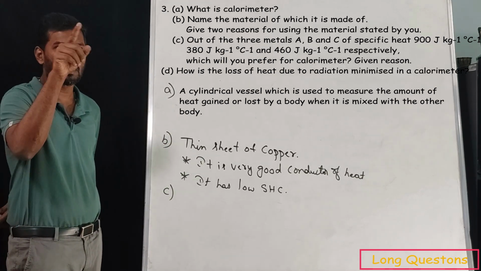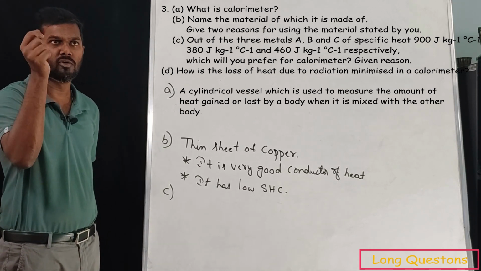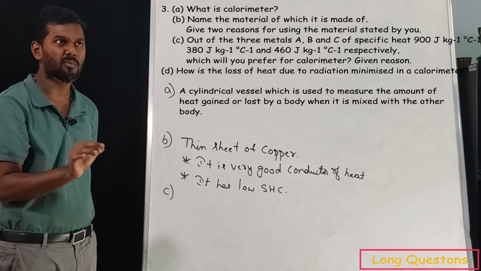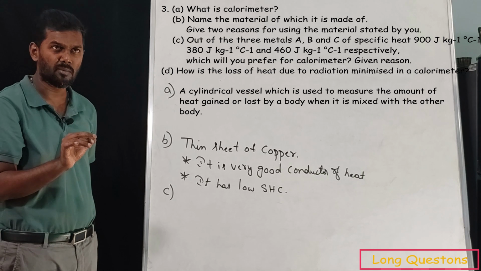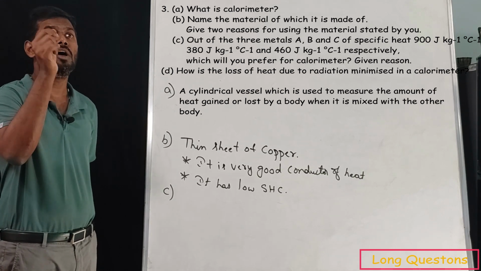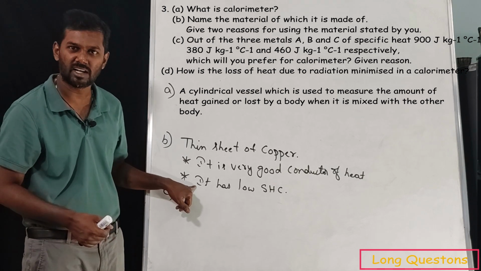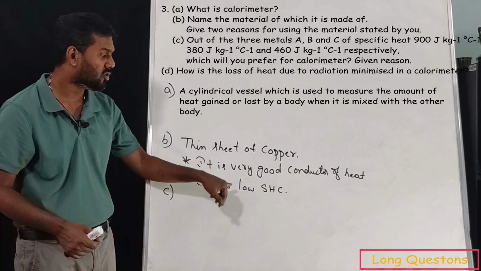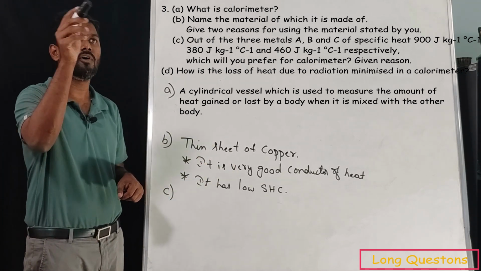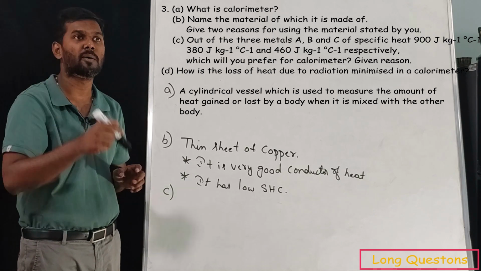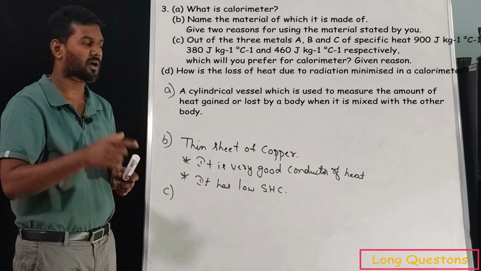Now, first thing is, we need to see all the units are proper, all the units are same. Next, we have to see the lowest value. Why? Because that is why we have selected copper here, right? So it has low specific heat capacity. Out of all the three, which has low specific heat capacity? The object B, correct?